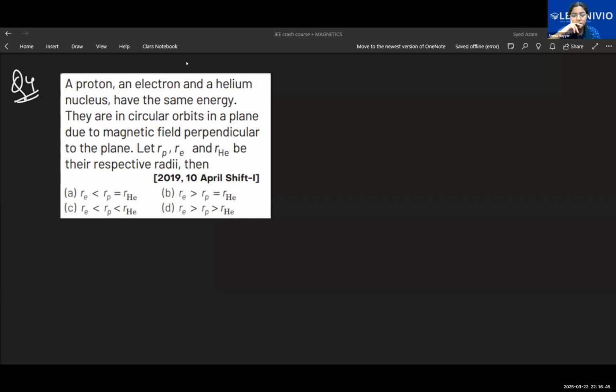Root 2mK by qB. Yes, Upasna, which formula? Root 2m under kinetic energy by qB. Yes, we have to use this formula only. 2 into mass into kinetic energy, over qB.